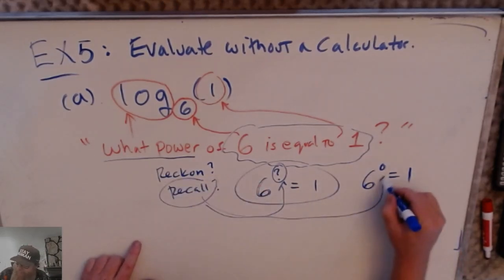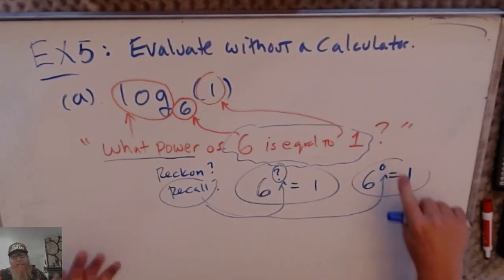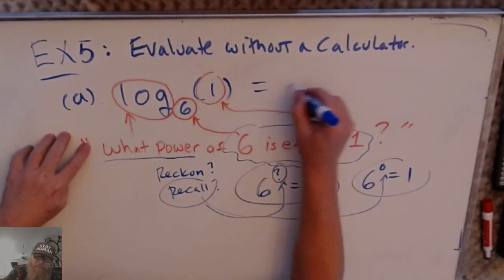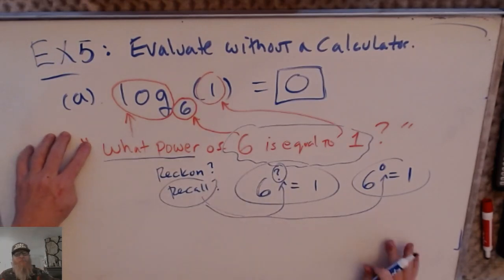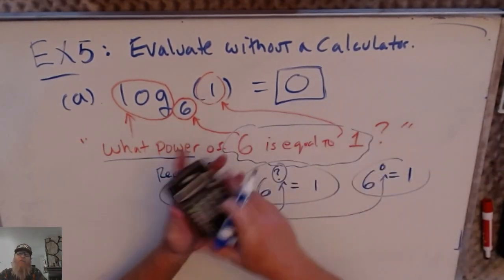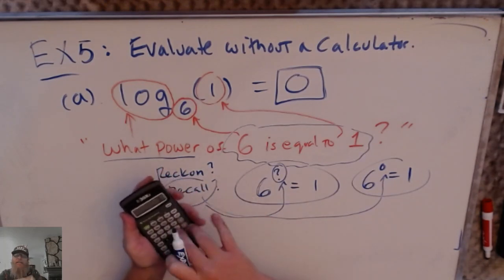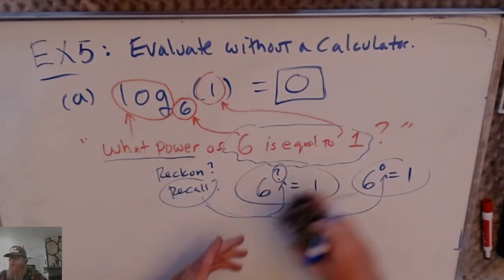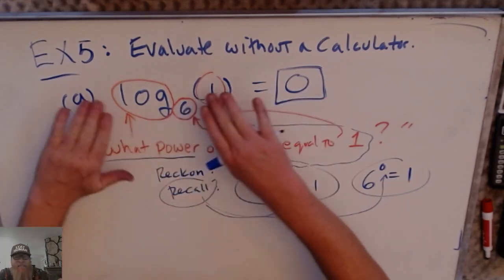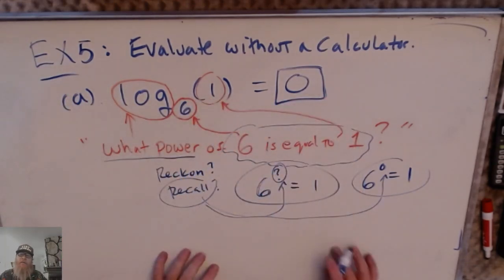Do you remember? 6 to the 0 power would come out to be 1. So that means the answer is 0. Log base 6 of 1 is 0. If I went digging around for my calculator and tried to type that into my calculator, I would get 0. But it's much easier just to reckon what is the power of 6 that would equal 1.